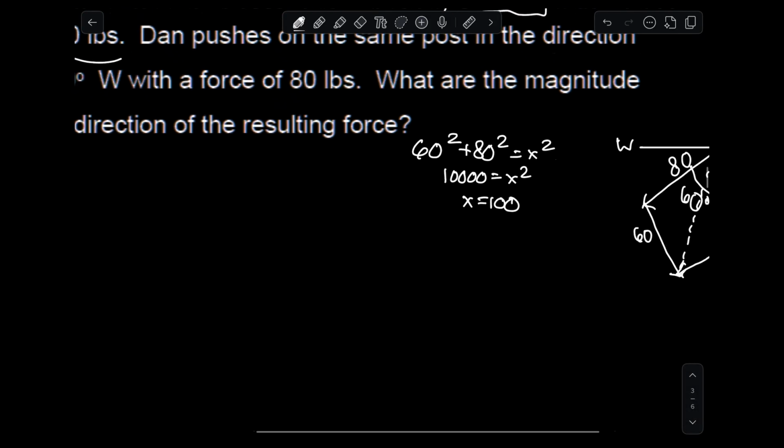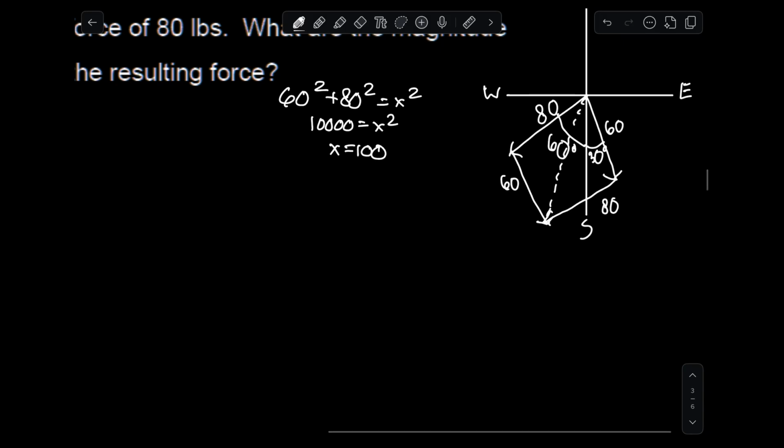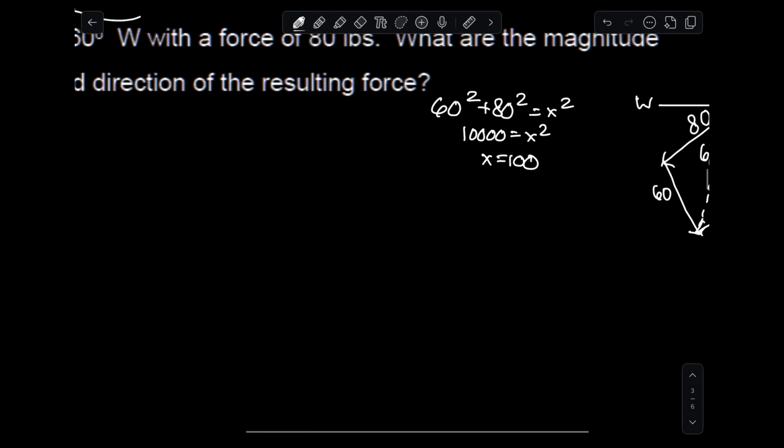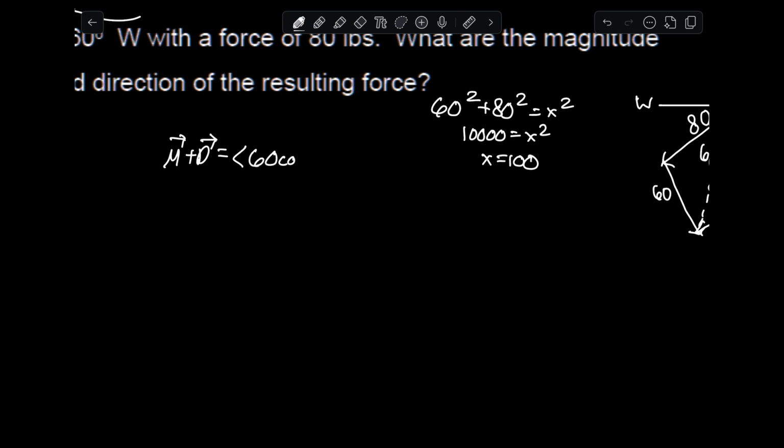And then what we have to do now is we have to solve for the resultant angle. And what we have to do for this is actually have to add up the vectors. So it's going to be m plus d, and this is just going to get us 60 cosine of 300, 60 sine of 300, plus 80 cosine 210.